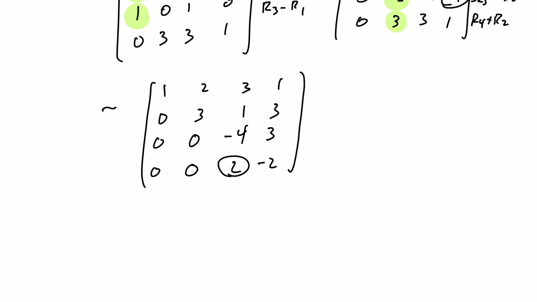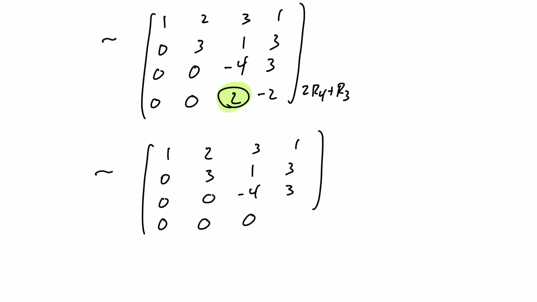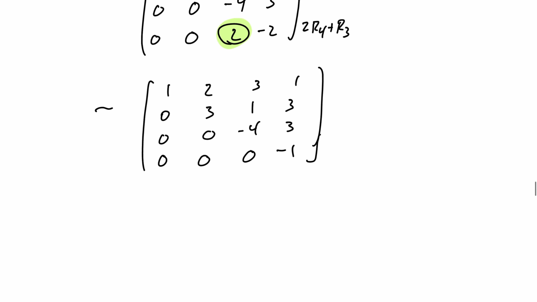I want to make this entry 0, so I have to double row 4 and add that to row 3. The top row is untouched, the second row is untouched, the third row is untouched here. Now I'm just doubling this row and adding it to the third row. That's going to put a 0 in this spot, and this ends up being negative 4 plus 3, which is negative 1. So I might as well just make that positive as I go through here.